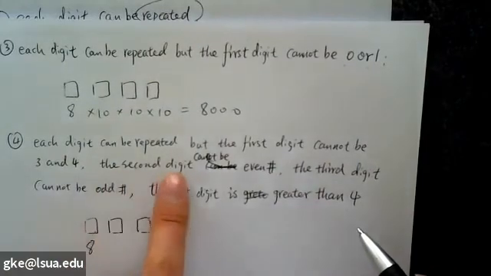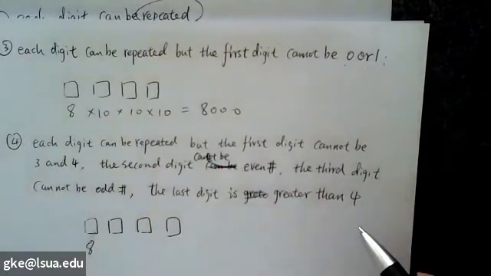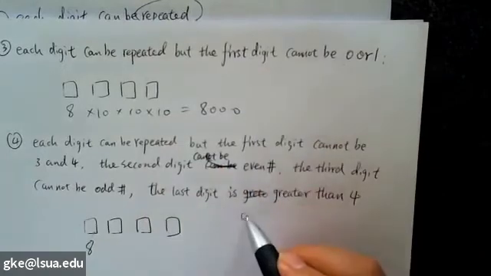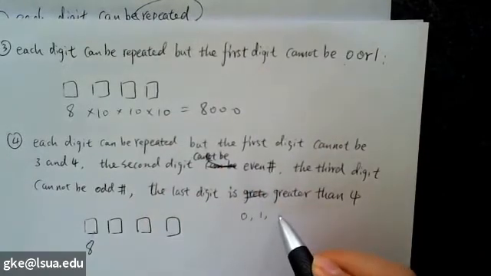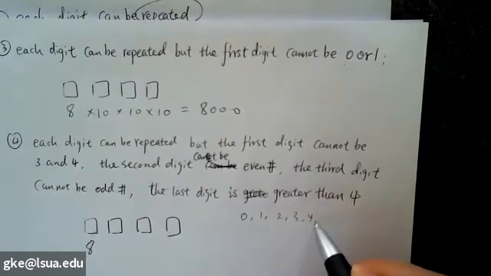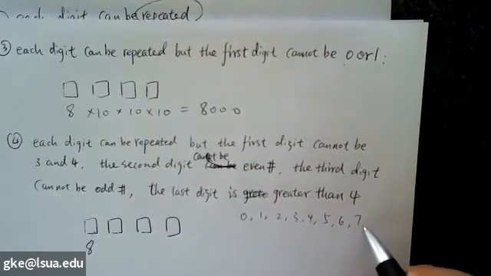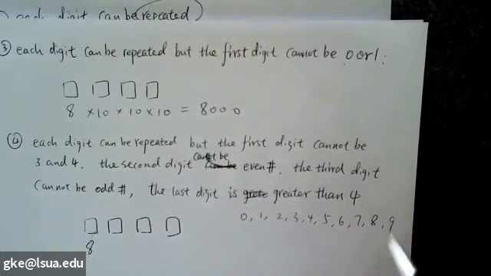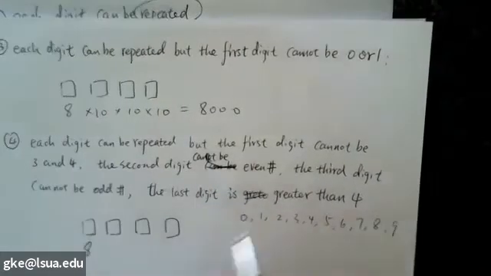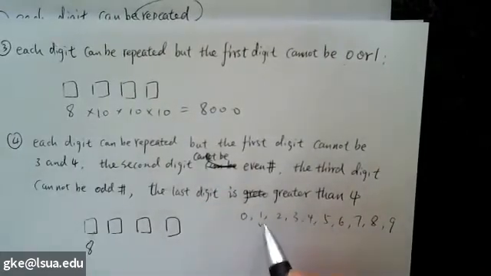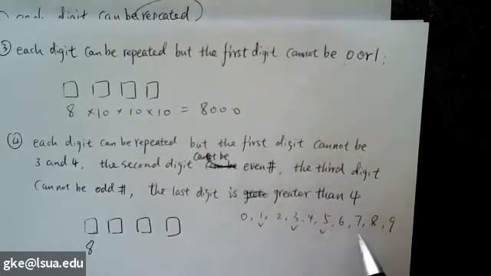And the second digit cannot be an even number. So we have 10 numbers total: 0, 1, 2, 3, 4, 5, 6, 7, 8, 9. Cannot be even, so we choose odd numbers. How many odd numbers? 5, right?